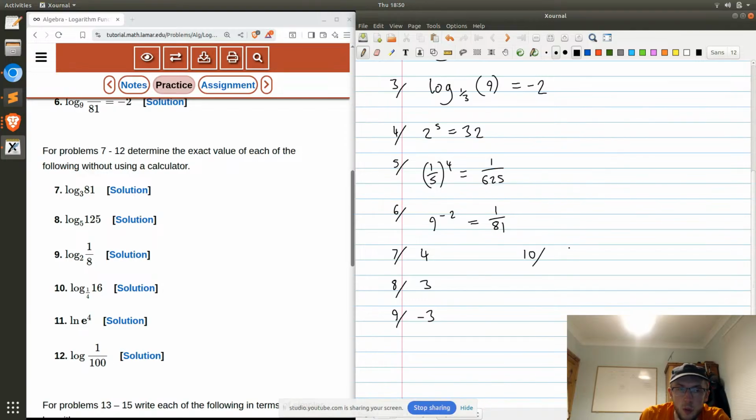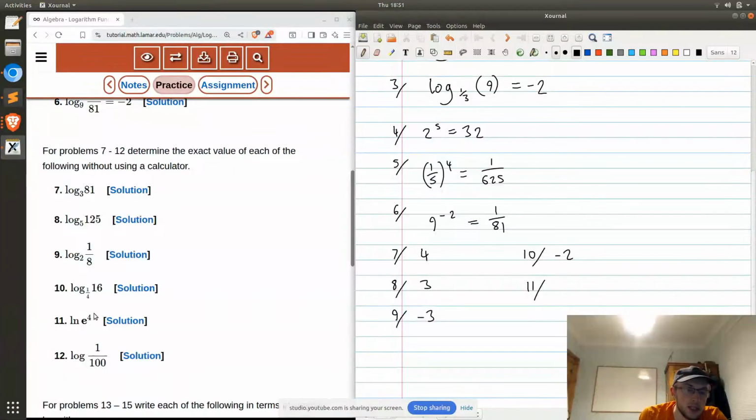Log base 1/4 of 16, that would be negative 2. Yes. Right? Because 1/4 to the 2 is 1/16, and to the negative 2 is 16/1.